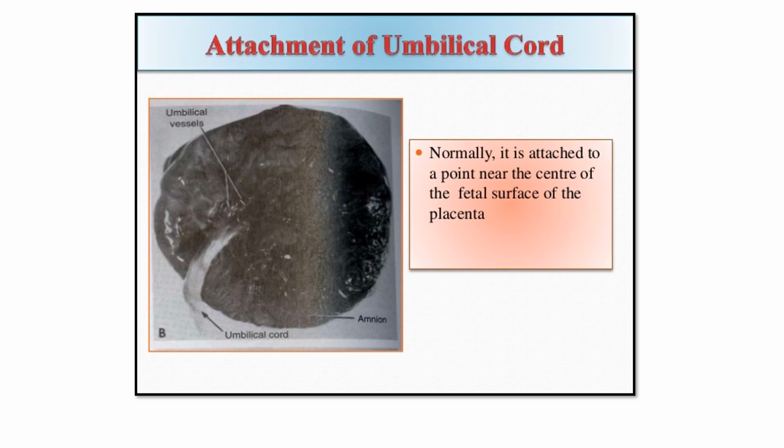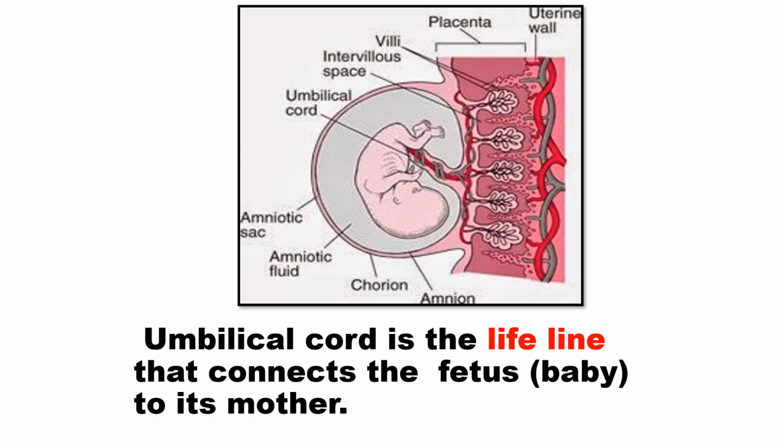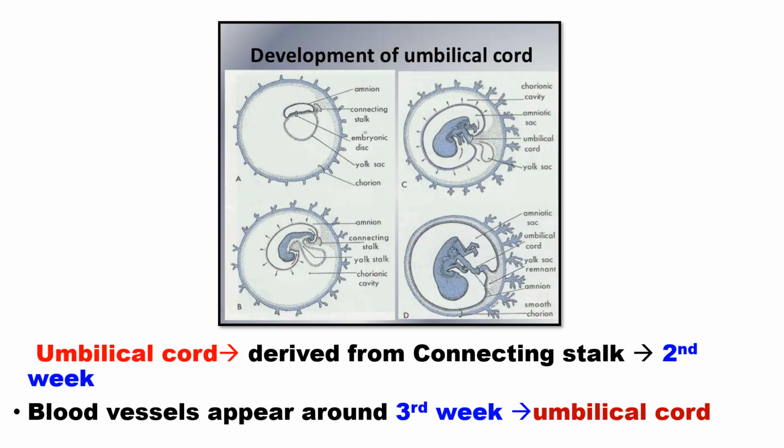Attachment of umbilical cord is normally to a point nearer to the center of the fetal surface of the placenta. Therefore, umbilical cord is an important lifeline that connects the fetus with the mother.